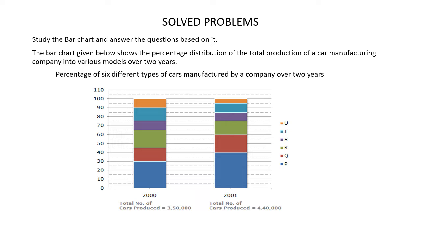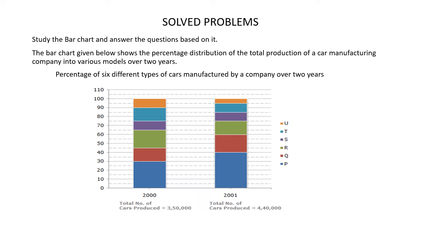Now this bar graph shows the percentage distribution of the total production of 6 different types of cars manufactured by a company over 2 years. The 2 years are 2000 and 2001. So these years are plotted along the x-axis. The percentage distribution is plotted along the y-axis.